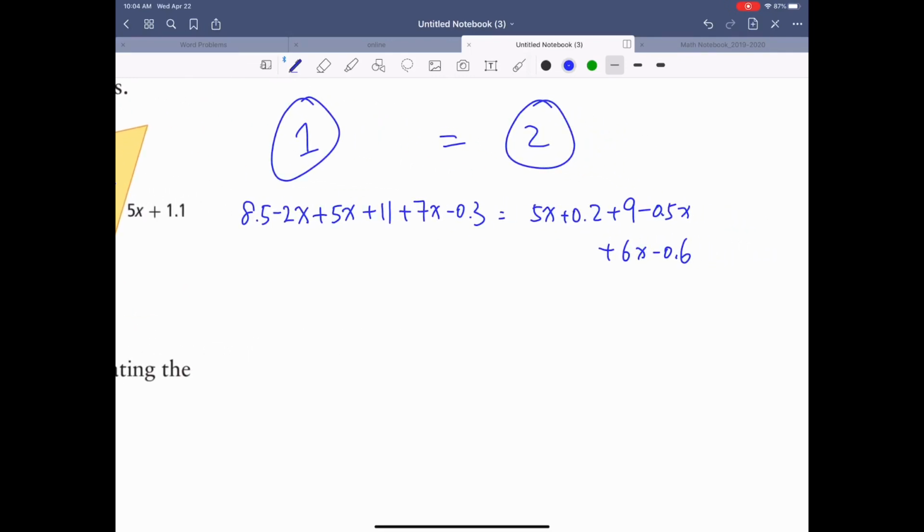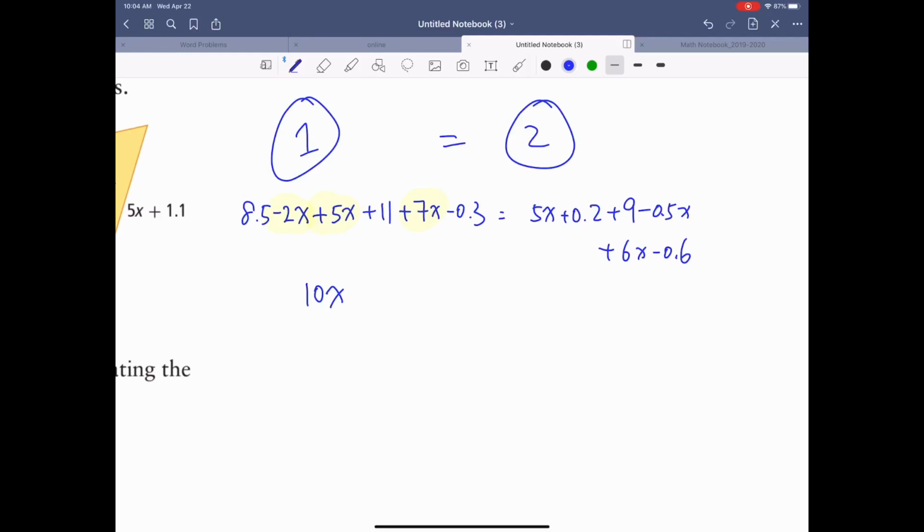Group the terms on this side first. X term, X term, X term. That will give you minus 2 plus 5 plus 7, which is 10x.